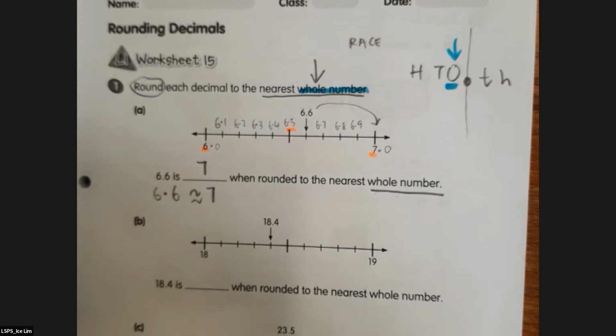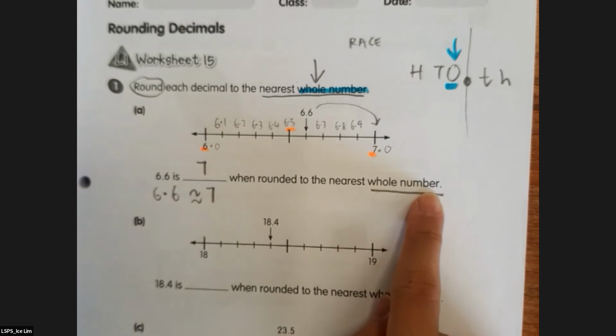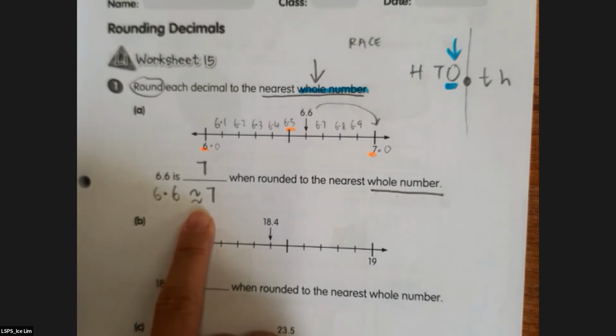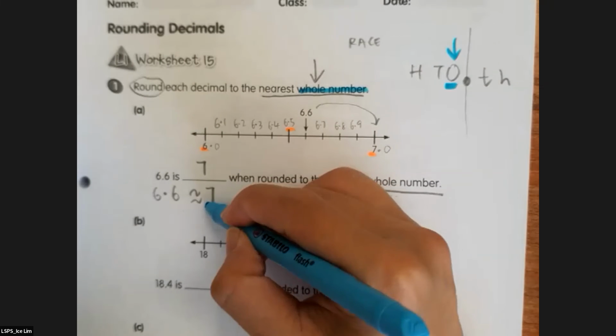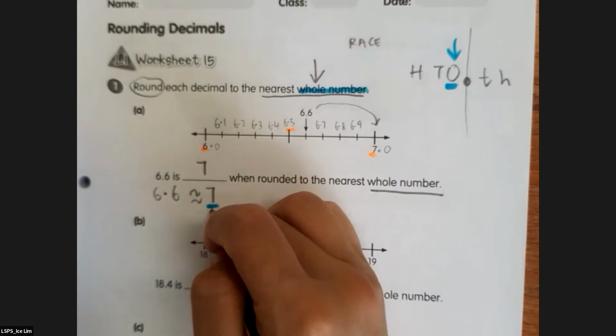Can you understand? So for nearest whole number, the ones place is what I end up with.